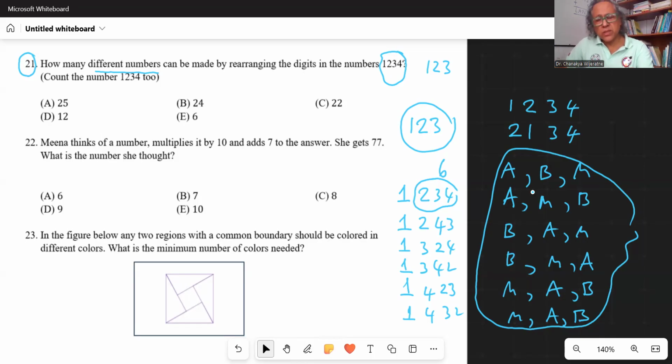And also, if you let 2 be the thousands digit, again 6 numbers, right? And with 3 as the thousands digit, again 6 numbers. And with 4 as the thousands digit, again 6 numbers. So there are actually 4 times 6 arrangements, 24, right? And of course, that answer is B, 24.